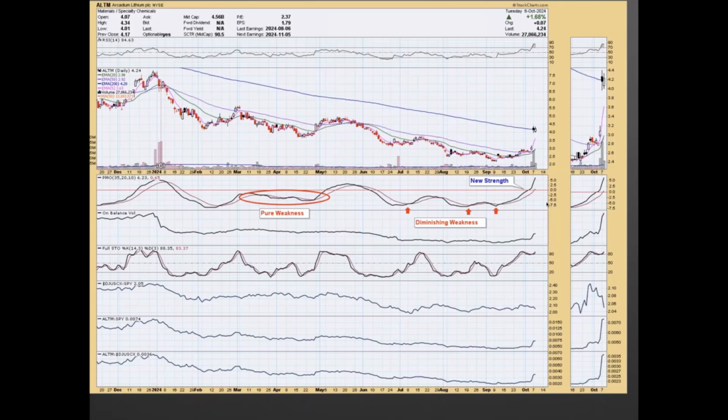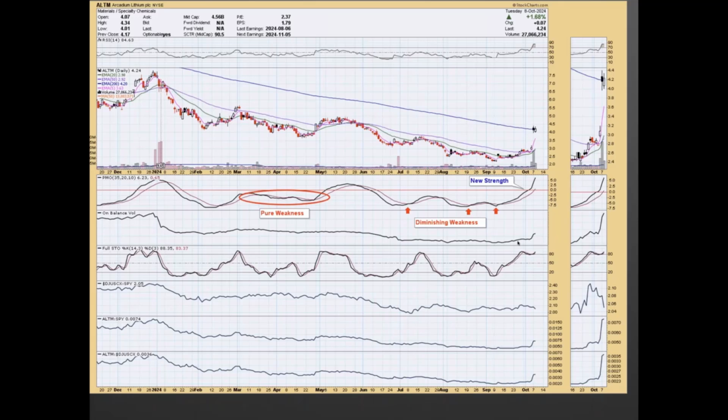I have the PMO, of course. I also use on-balance volume to give me a sense of what's going on with the volume trends. I love the OBV. I know there's accumulation distribution, Chaikin money flow, a couple of different versions for volume to follow, but the on-balance volume is such a simple concept. And again, we want to keep things simple.